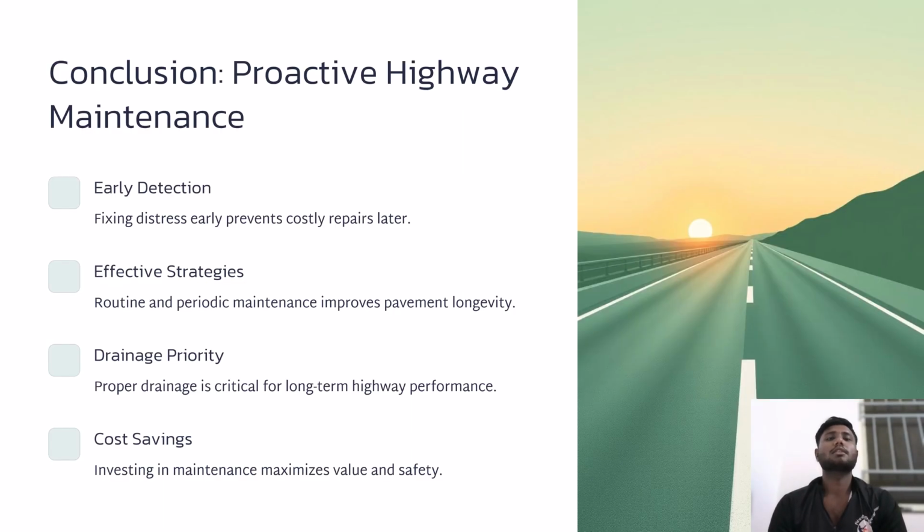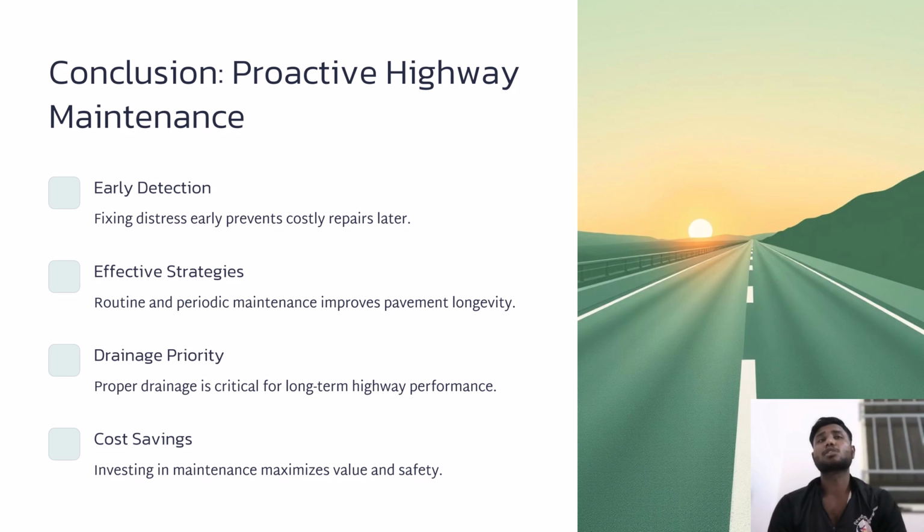The conclusion is proactive highway maintenance. Early detection and fixing of distresses early prevents costly repairs later. If there is early detection of any problem on the highway and it is repaired at an early stage, it prevents the distress from growing and prevents costly repairs afterwards.